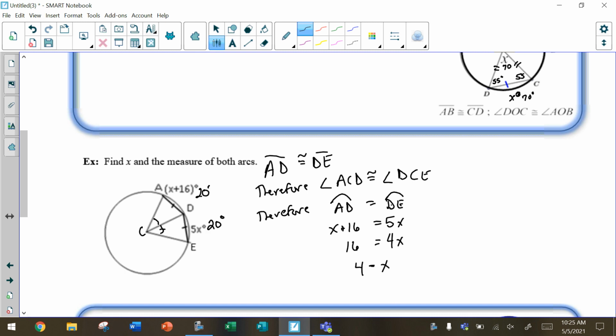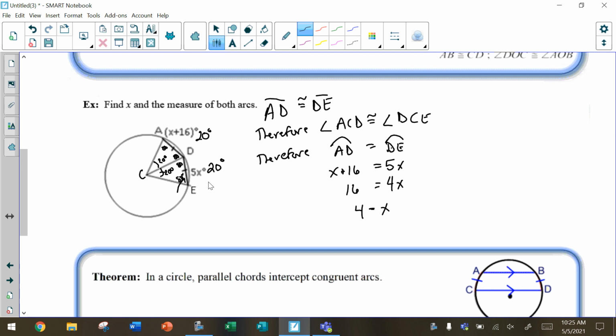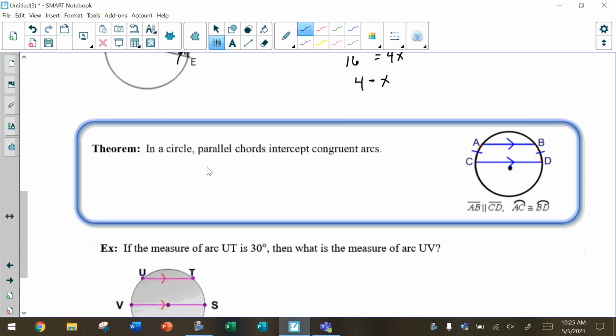This would be a 20-degree arc. This would be a 20-degree angle. And let's see, 180 minus 20 divided by 2. So all of these little angles here would be 80, 80, 80, and 80, because they're all the base angles of the isosceles triangles.